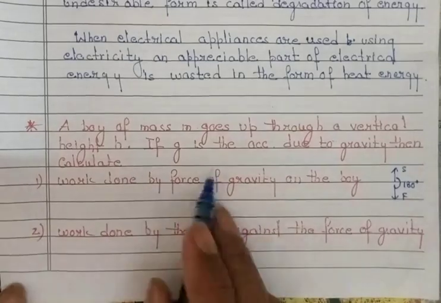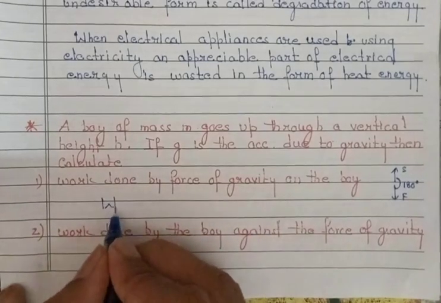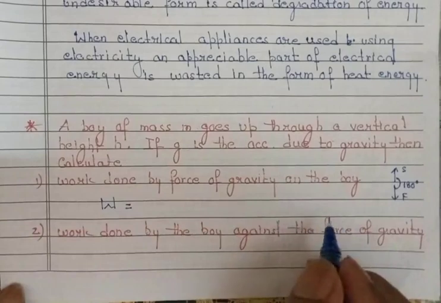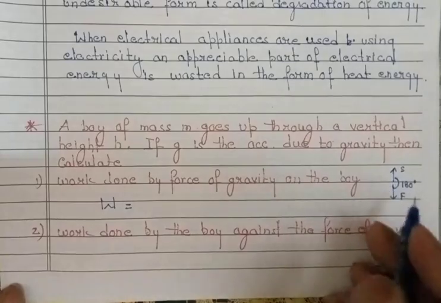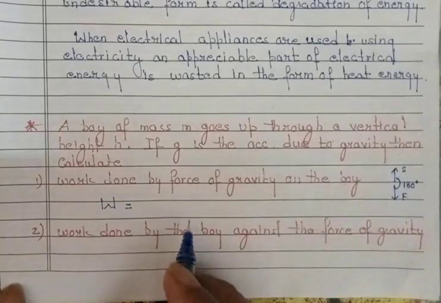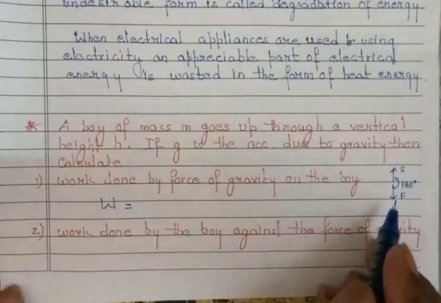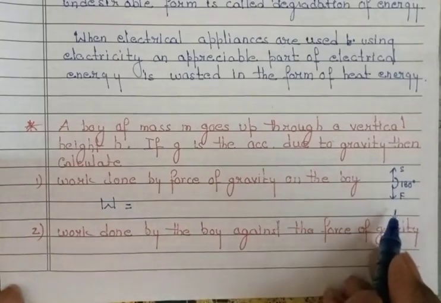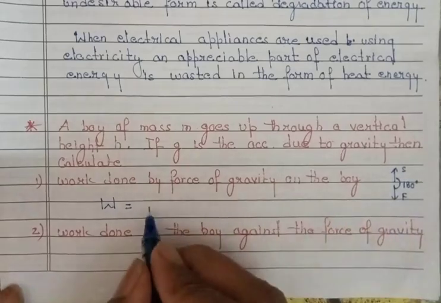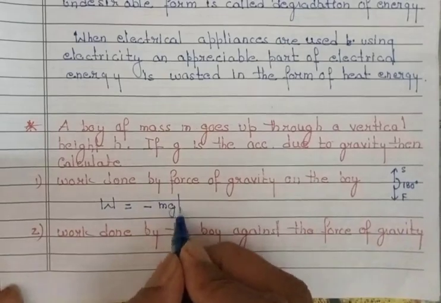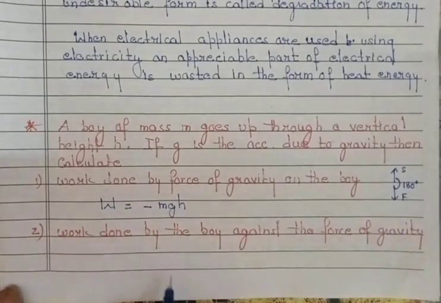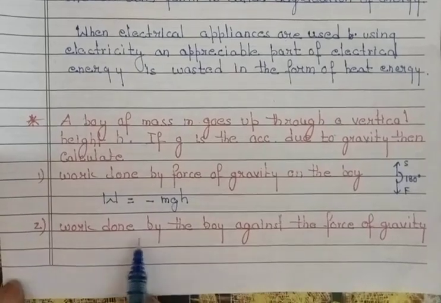So if we have to calculate the work done, then work done formula is mgh. Whenever there is a displacement vertically, we say that work done will be calculated by mgh. But as you can see, force and displacement are in opposite direction, so work done will be negative, minus mgh.